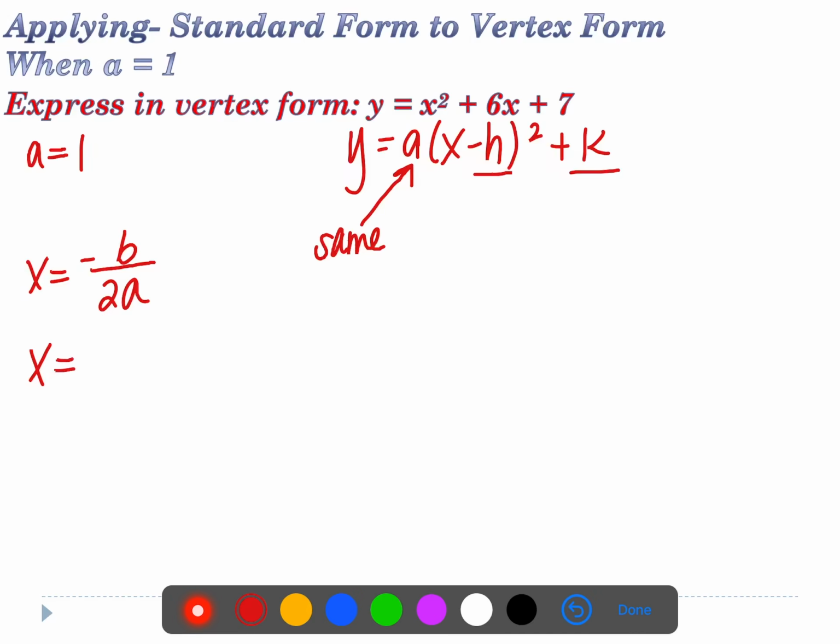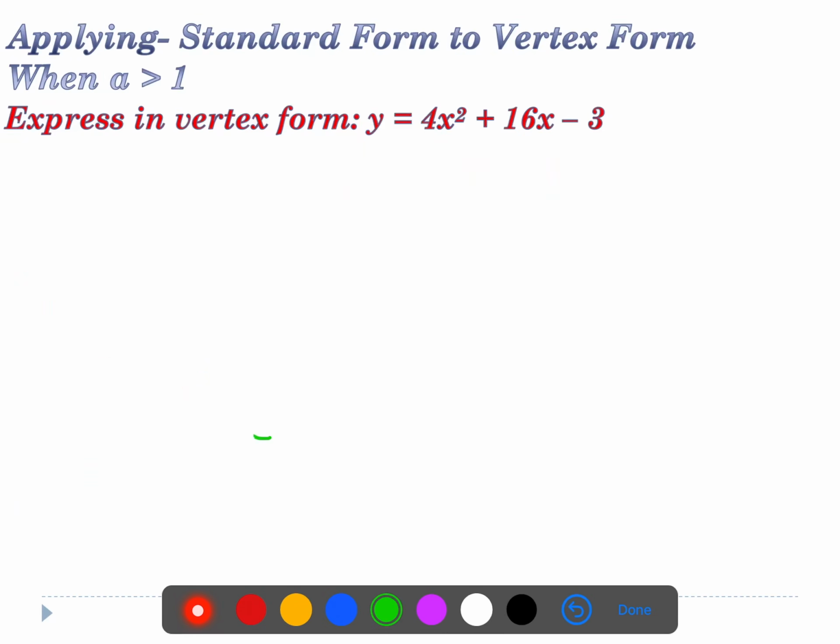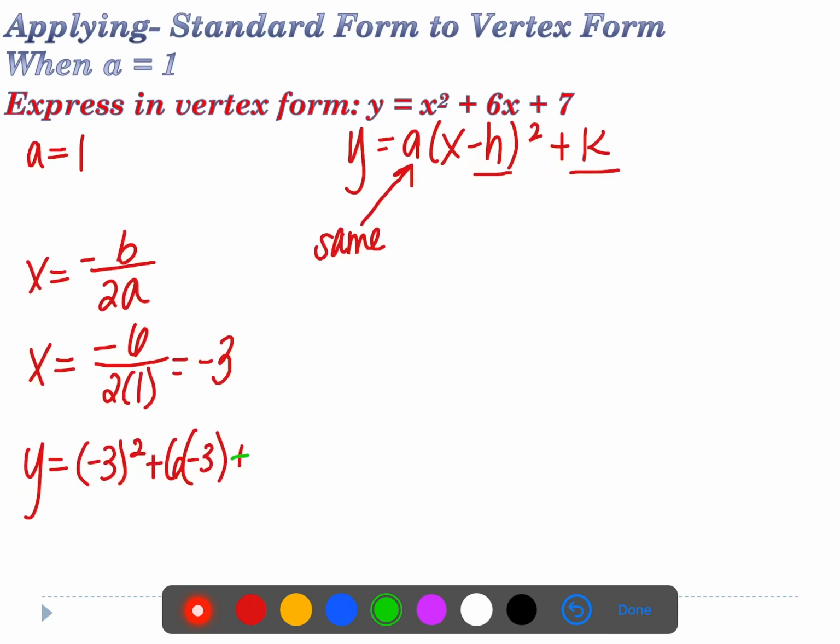So my axis of symmetry here is going to be -6 over 2 times 1, which gets me -3. I'm then going to plug that back into the parabola, just like we did back in 8.1.